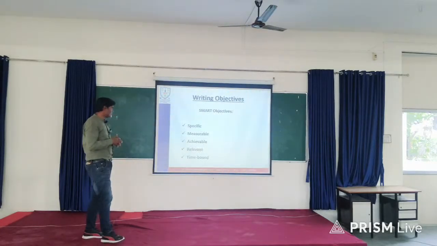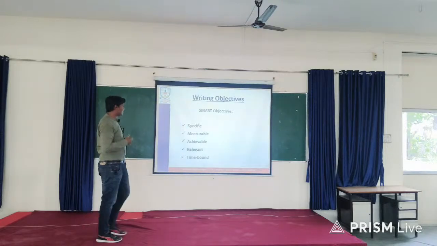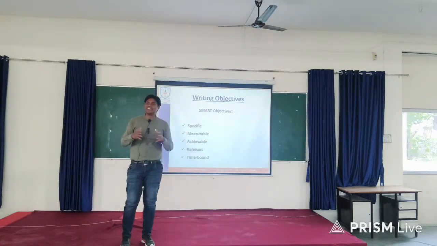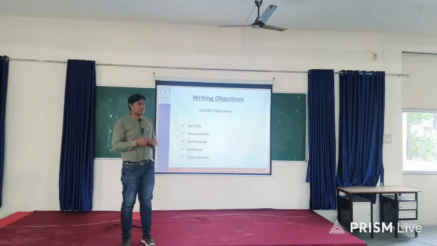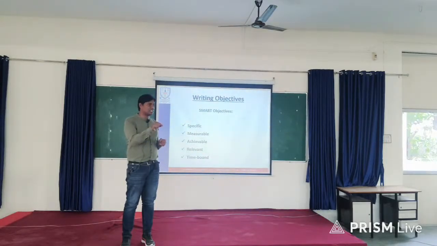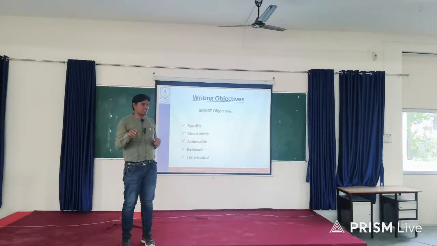Next. So writing objectives is also very, very important. Generally people tend to write a lot of lengthy objectives, objectives which cannot be achieved. Please check before you write your objectives, whether I am able to achieve this objective or not. Nowadays people are using a lot of ChatGPT, right?